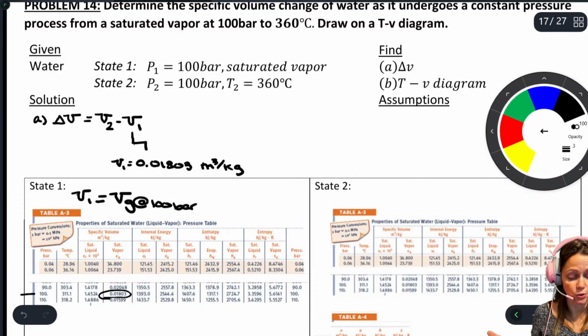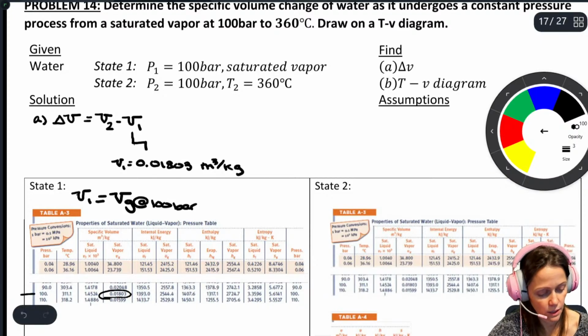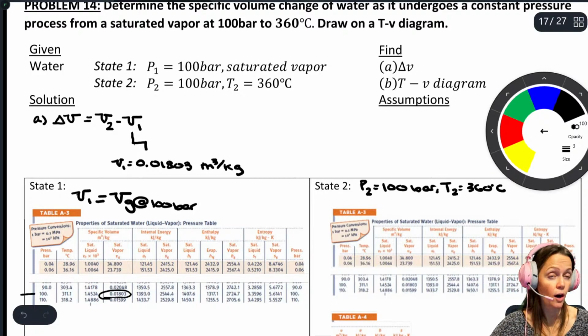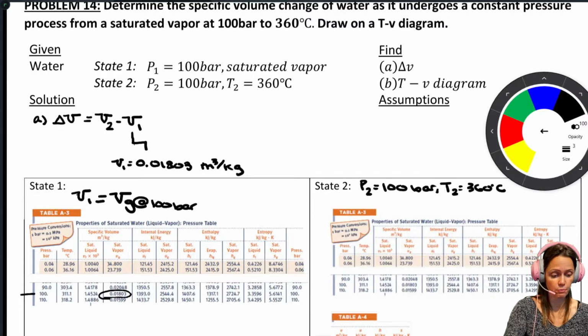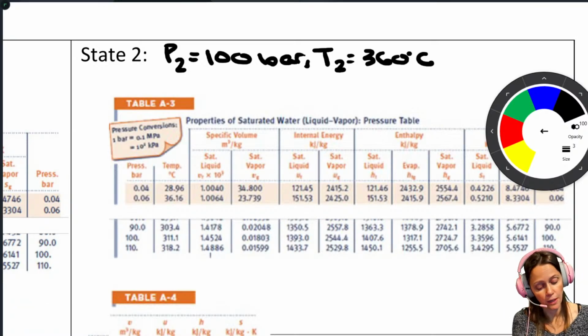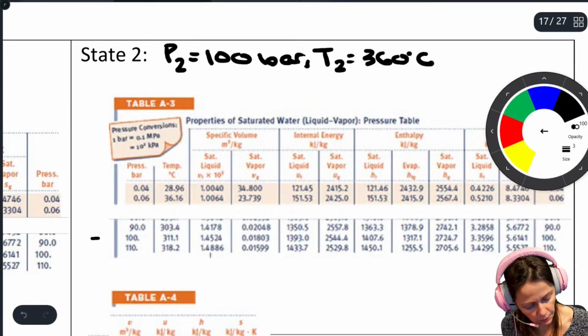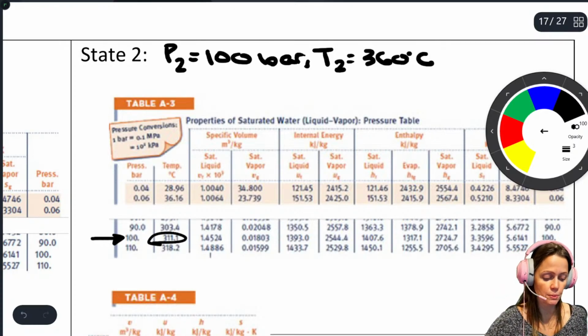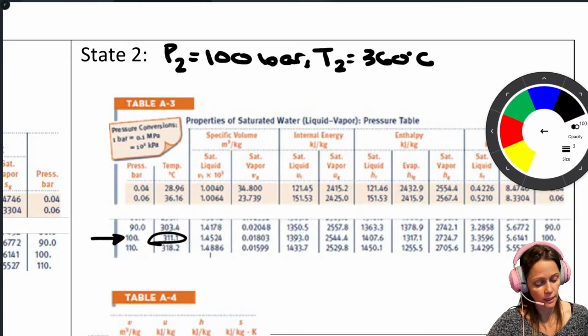And then V2. So I know the pressure and I know the temperature. And that is really all, I need 2 independent intensive properties to fix my state. So I go to my saturated tables, table A3 or table A4, that would be okay. But I happen to be in A3, so I'm going there. So I could see that at 100 bar, if it were saturated, my temperature would have to be 311.3 degrees Celsius.